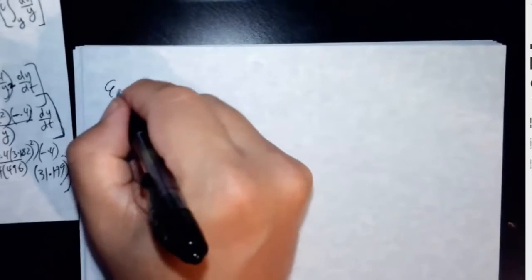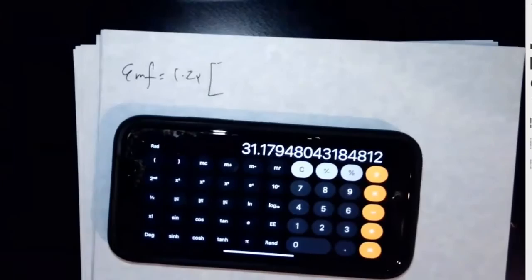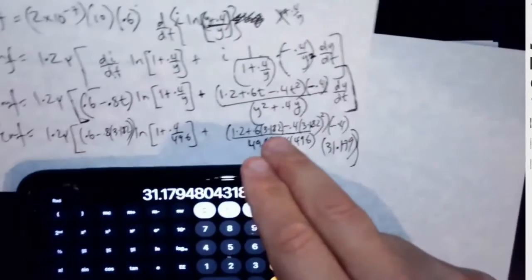So the EMF, again, step at a time, 1.2 micro. Okay, so then you're going to have 0.6.